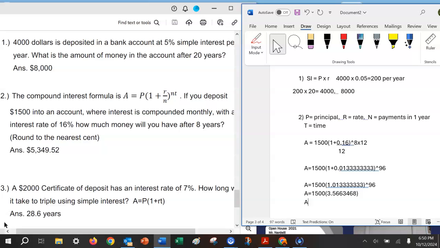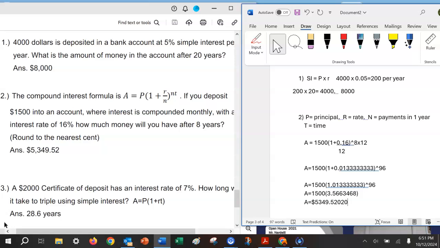Now I finally multiply 1500 times that. So I multiply by 1500, and what I got is, and I'm going to put my dollar sign, 5349.52020, and so on and so on.